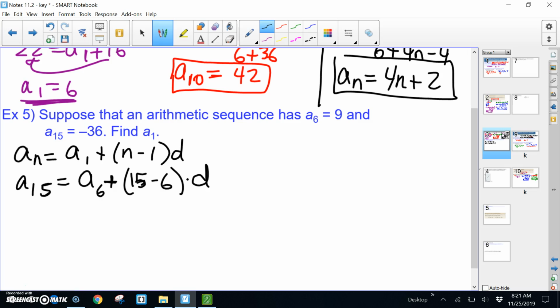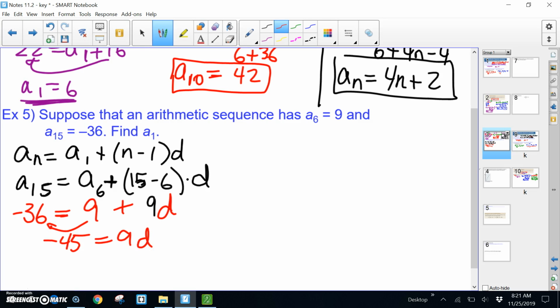If you're going from the 6th term to the 15th term, you're going to end up adding something on 9 times, and that's where that comes in. We're kind of manipulating our formula in a strange way, but it's not really strange because all you have to understand is to get from the 6th term to the 15th term we're adding that difference 9 times. So A15 is negative 36 and A6 is 9, and we're going to add on some number D 9 times. So subtract over the 9, you get negative 45 equals 9D, and divide, D equals negative 5.